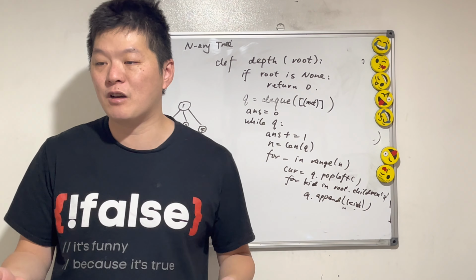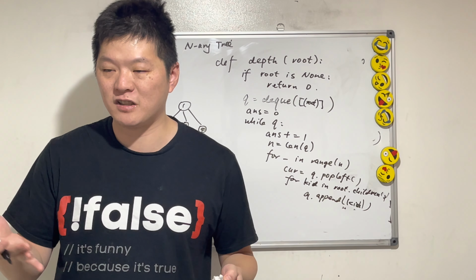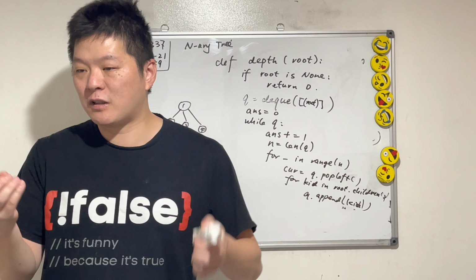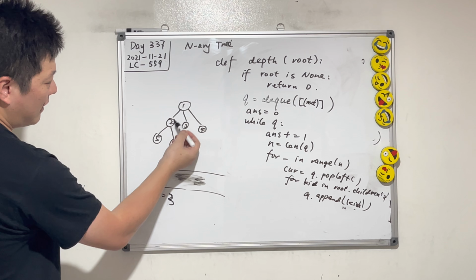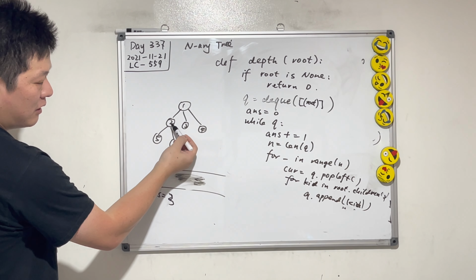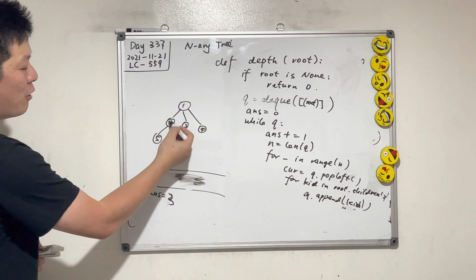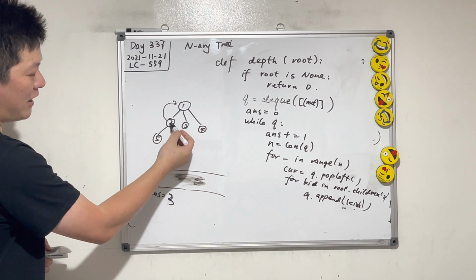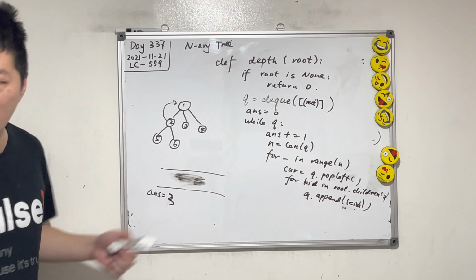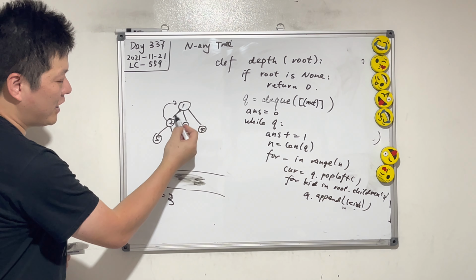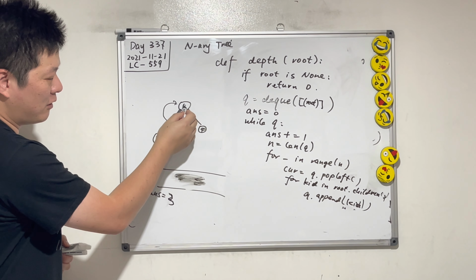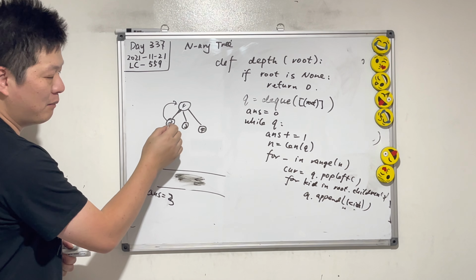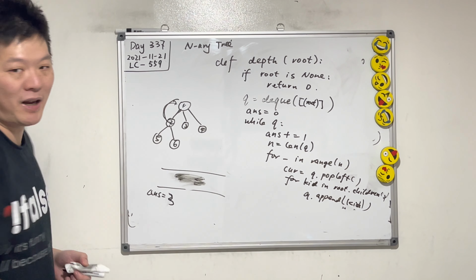Remember a few days ago we talked about the DFS search and breadth search for the graph, right? Because the graph is bidirectional. If you travel from 1 to 2 in a binary tree, you can't go back. For the trees, there is no way to go back. But for the graph, if you visit from 1 to 2, the next time you may travel back, and there will be a cycle.